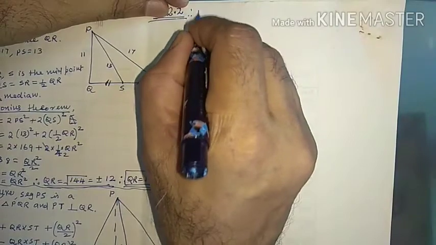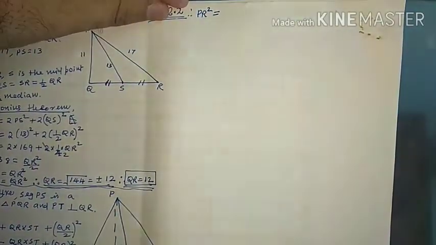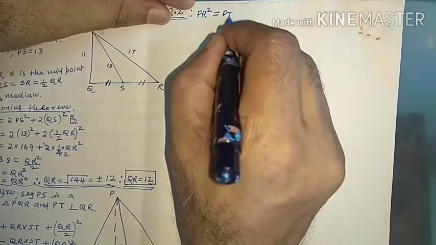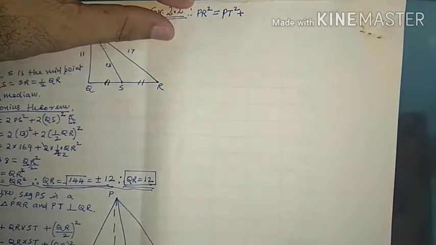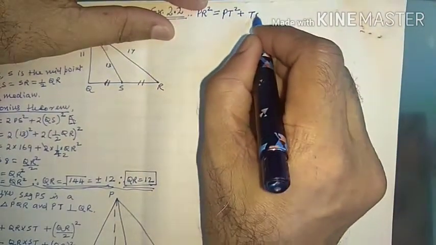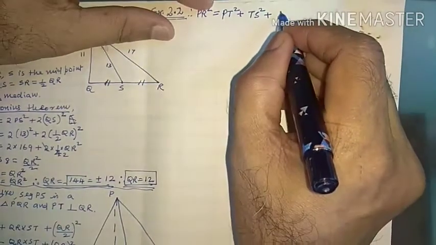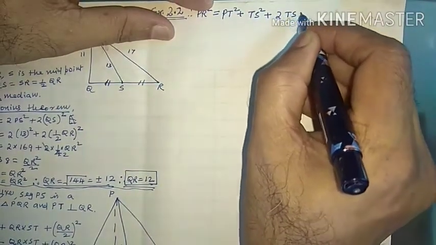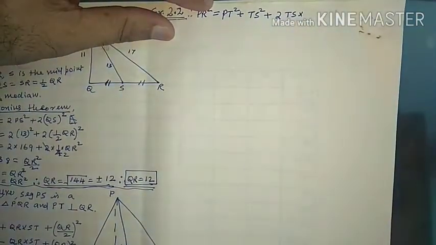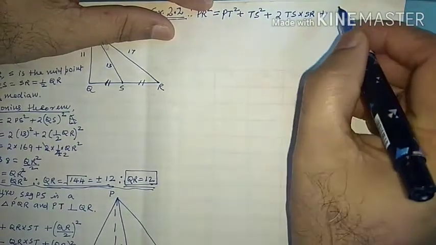Therefore, PR square is equal to PT square plus, now A plus B whole square, therefore TS square plus 2 times TS into SR plus SR square.